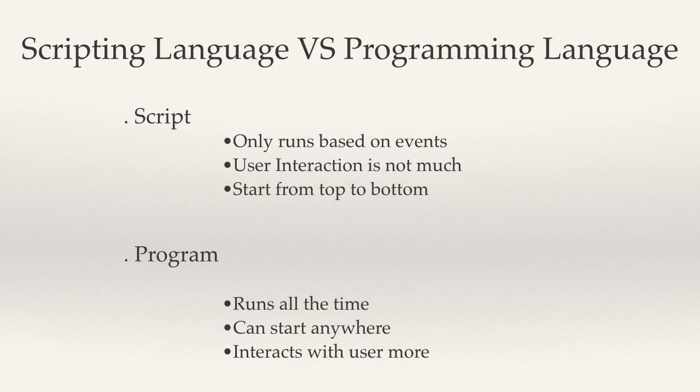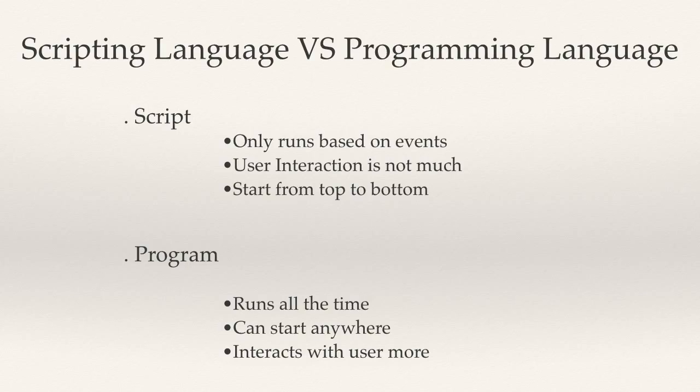A program runs all the time, so it doesn't need something to happen in order to run. It's also a language that doesn't do a lot of user interaction, so you're not going to see PHP used to be very interactive with users. You use something like JavaScript, or something like Java. When you do an application, Java interacts a lot with users, so you're not going to see this in PHP.